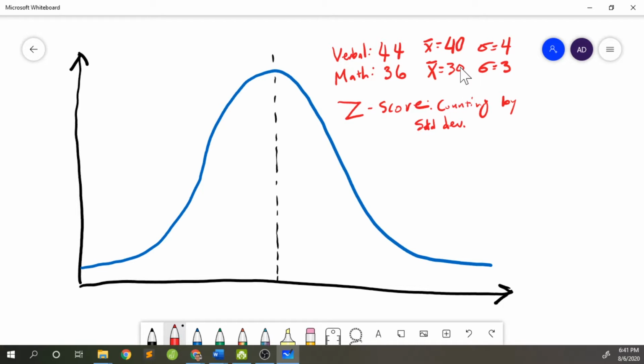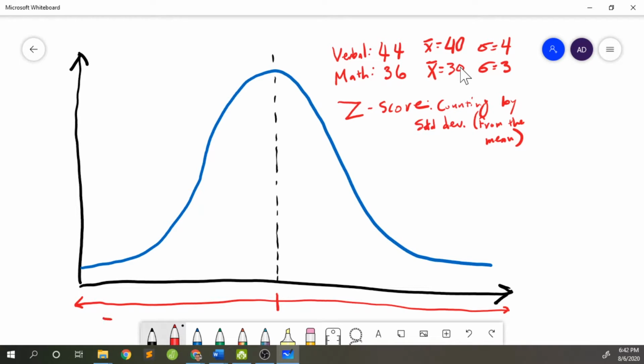Okay, so let's draw a line down here of potential z-scores. The z-score is going to be how far away from the mean we are. Anything below here is going to be negative. Anything above here is going to be positive.